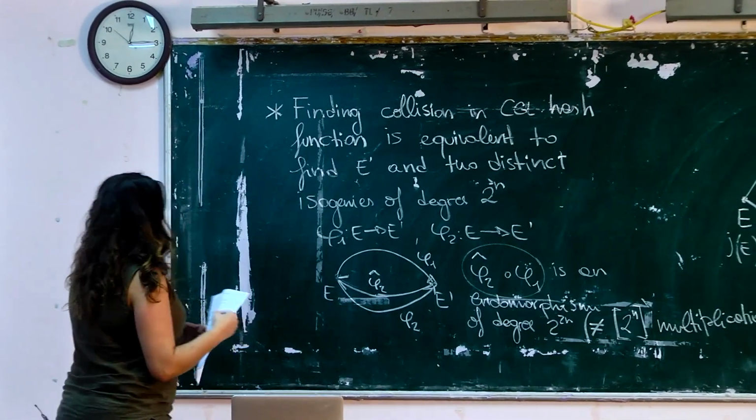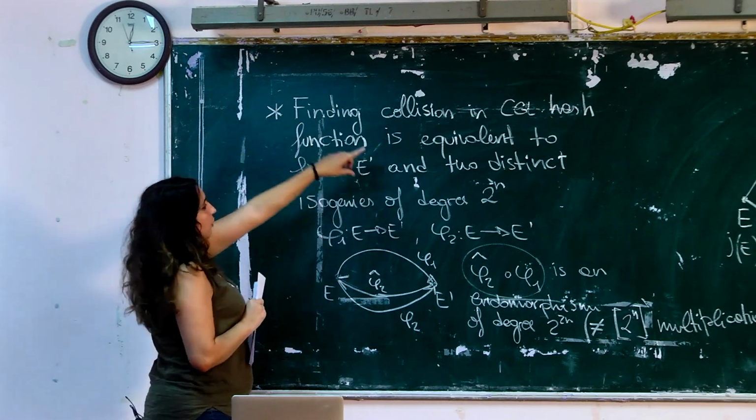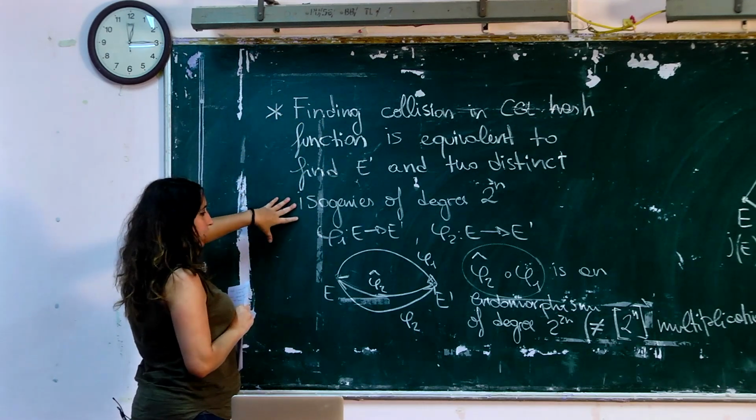So basically we're saying that finding a collision is equivalent to finding these two distinct isogenies.